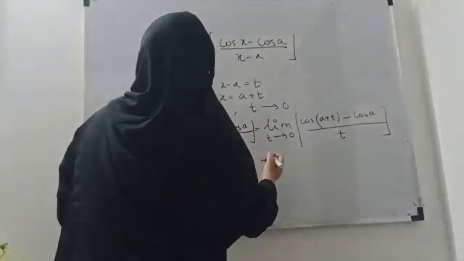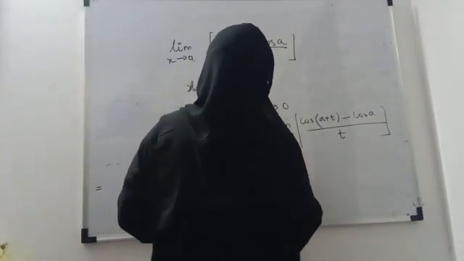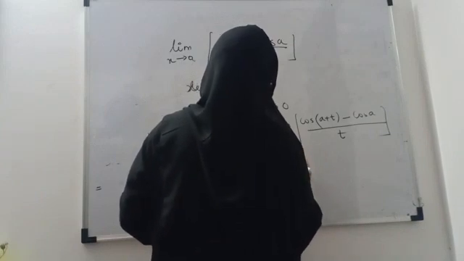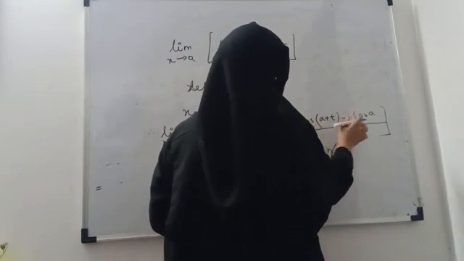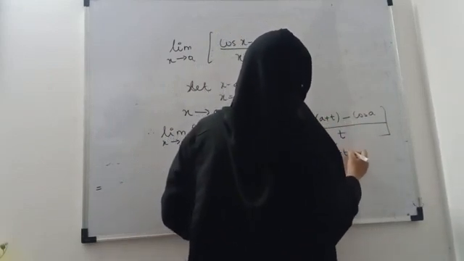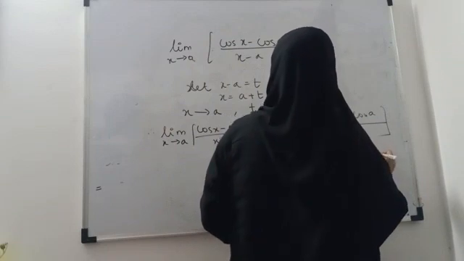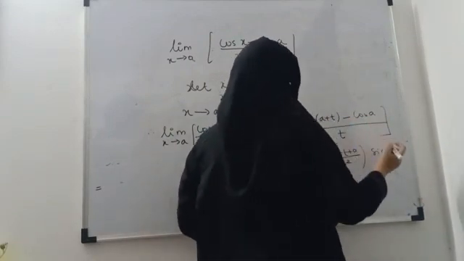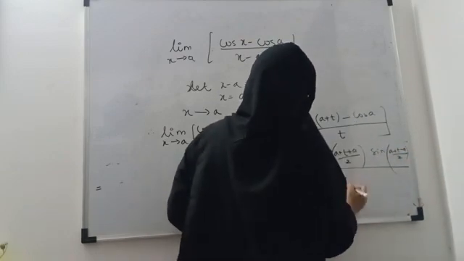So it will become limit t tends to 0, minus 2 times sin of this plus this, a plus t plus a upon 2, into sin of this minus this, a plus t minus a upon 2, divided by t as it is.